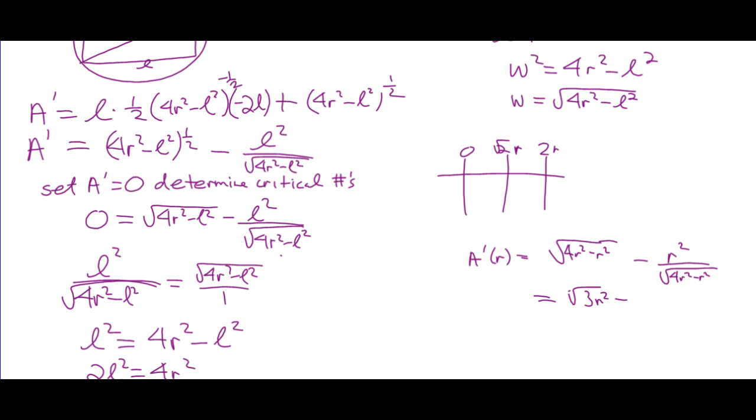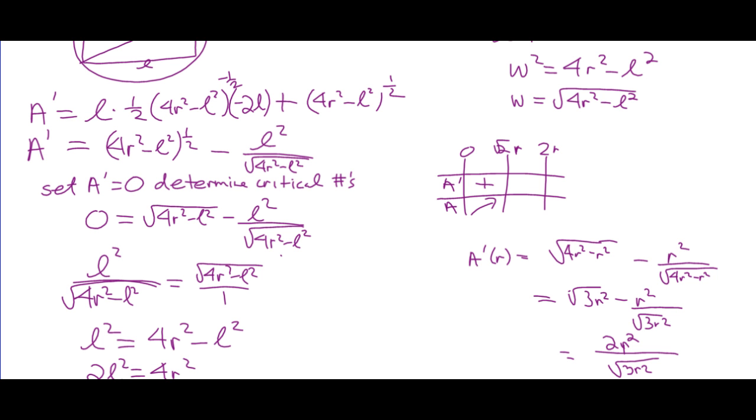So it'll be 3r squared minus r squared over the root of 3r squared, which is 2r squared over the root of 3r squared. And this is going to be positive. So then A would be increasing.